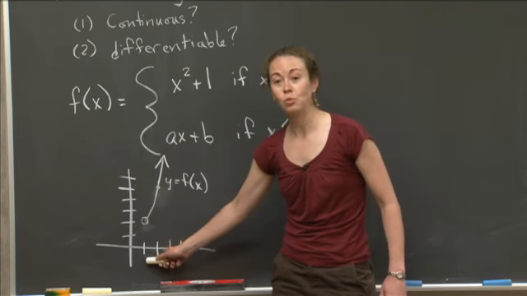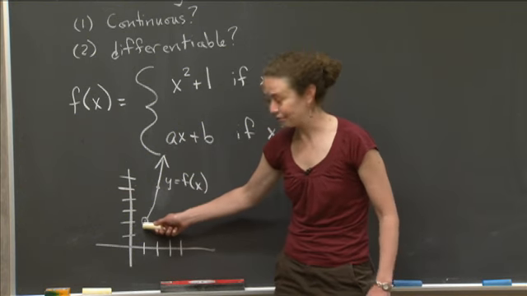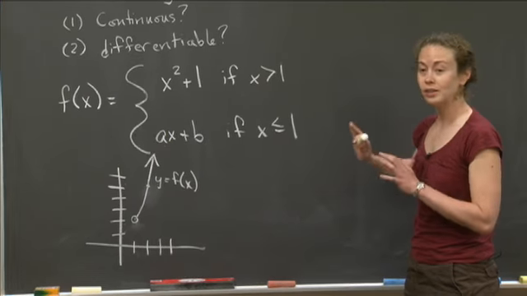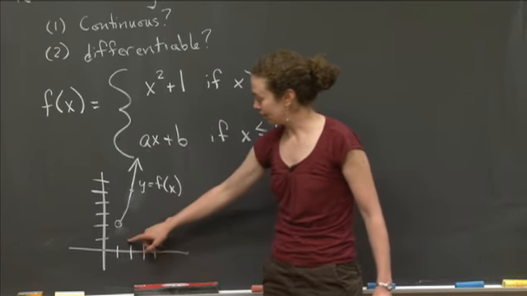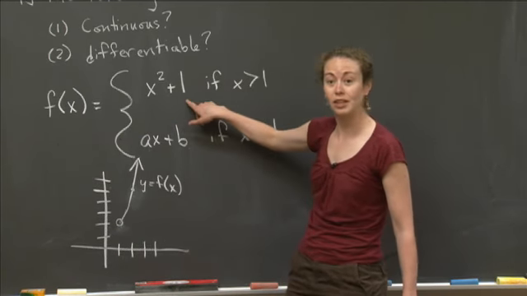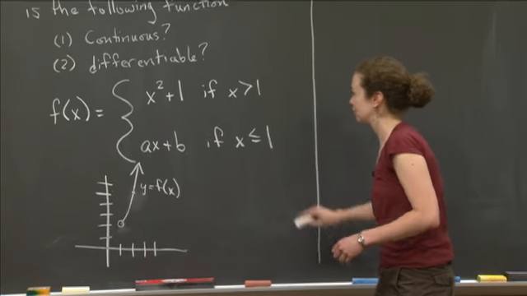Well, the x value is 1. So what would the y value have to be in order to fill in that circle? We can look at f of x and say, if I wanted it to be continuous, then the y value I need at x equal 1 is going to be whatever the y value is here at x equal 1. So let me write that, make a little space over here.